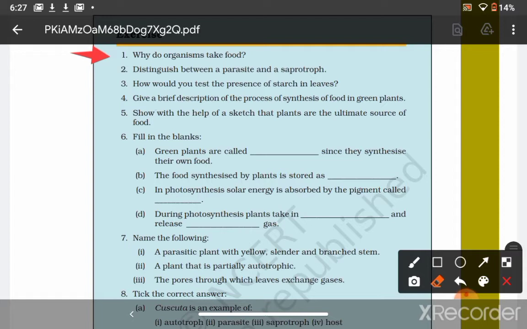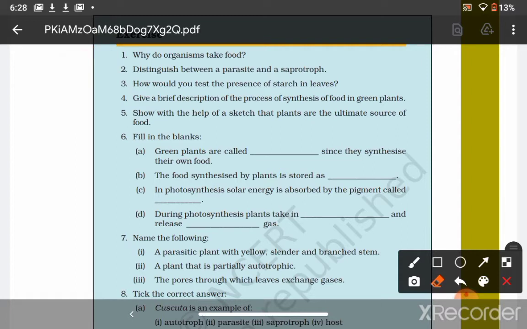They take food from the plant host, or the plant on which they live, but do not give anything in exchange for it. And parasitic plants do not have a symbiotic relationship. Please remember that they do not have a symbiotic relationship.